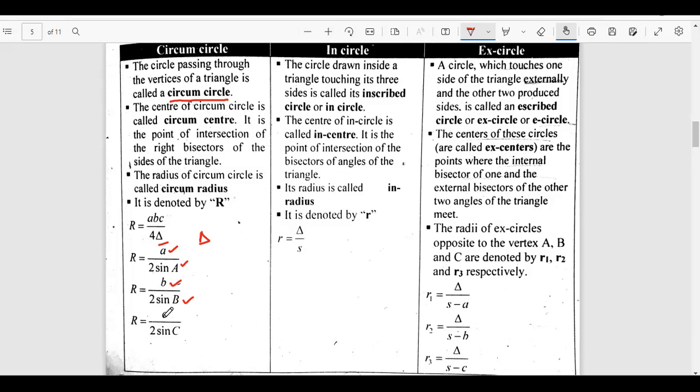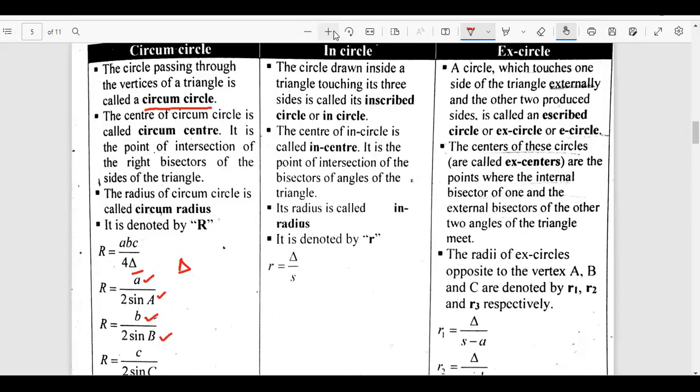Then we have the incircle. What is that? Let's try understanding through the description. The circle drawn inside a triangle touching its three sides is called the inscribed circle or incircle. The circumcircle was outside the triangle and touching the vertices only.